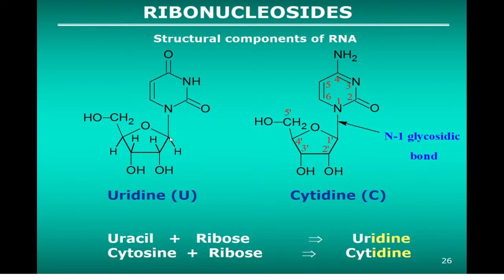Here it's also glycosidic, but the carbon from the sugar ring is bonded to the nitrogen in our nitrogenous base. In all cases, there will be a carbon-nitrogen bond, carbon first position in all cases. So we shouldn't indicate 1-1'. We need to indicate just the nitrogen number, because of the different nitrogenous bases.